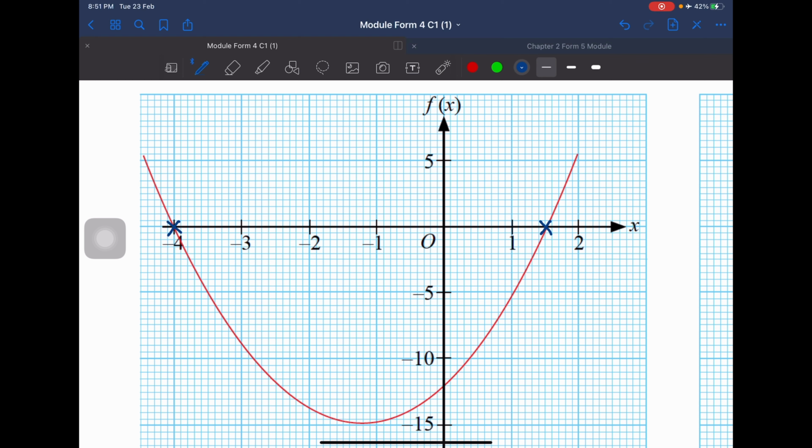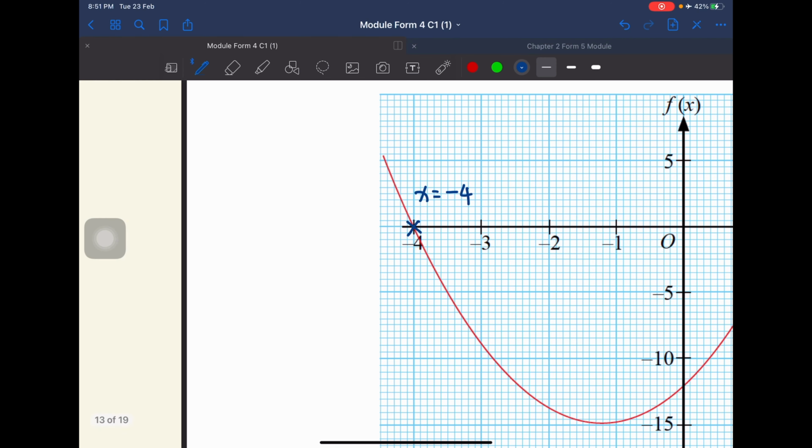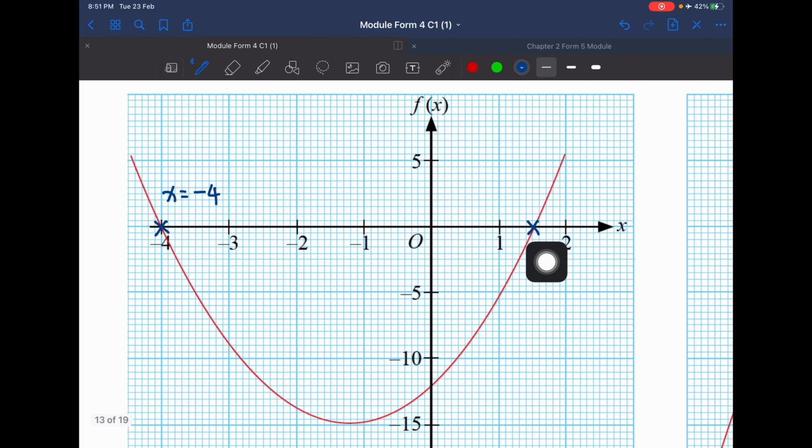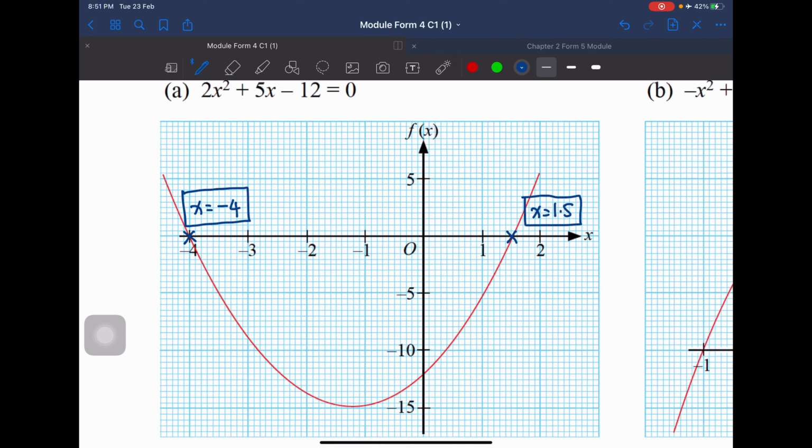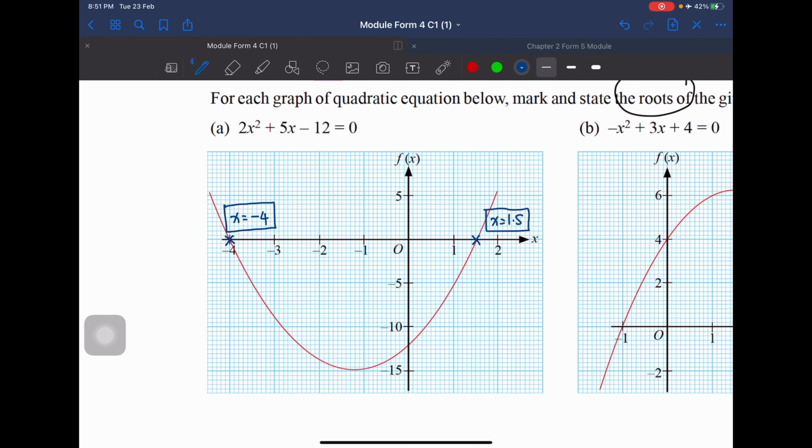So what is the value of these roots? The first root, x is equals to negative 4, and the second root is actually 1.5. So x is equals to 1.5. So these are the two roots for this quadratic equation. It's just simply the value of the intersection of the quadratic equation itself, the curve and the x-axis.